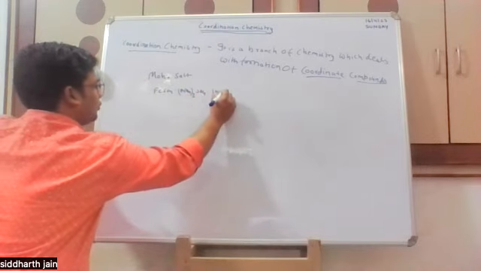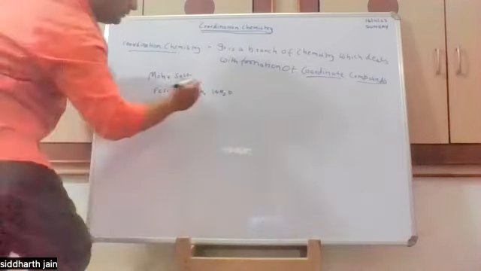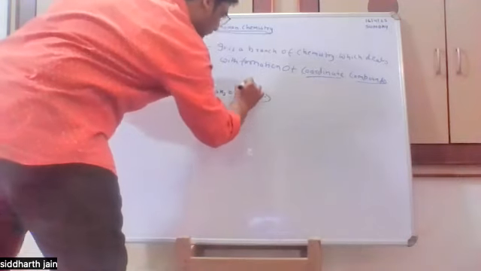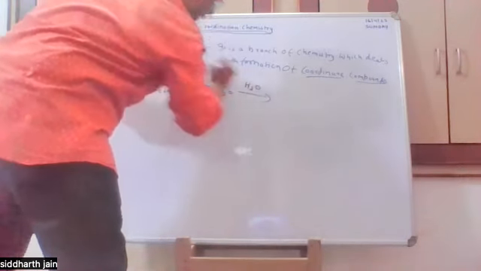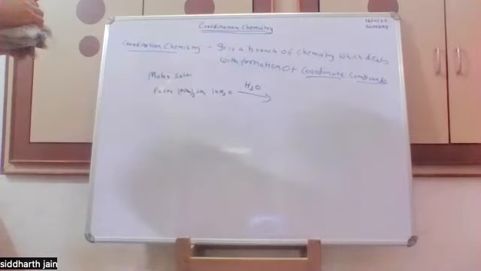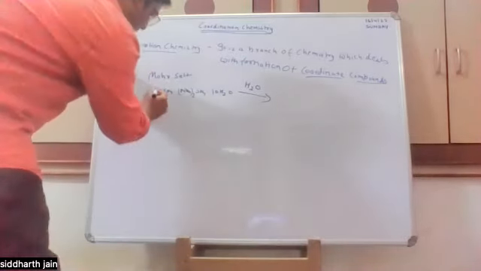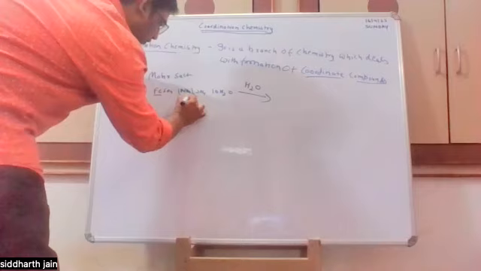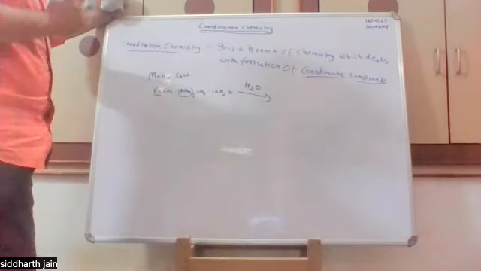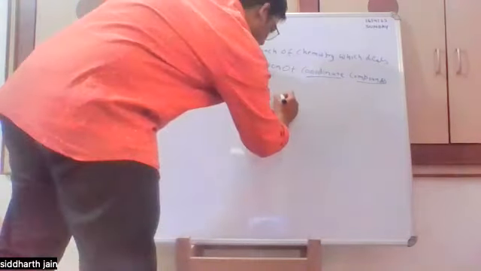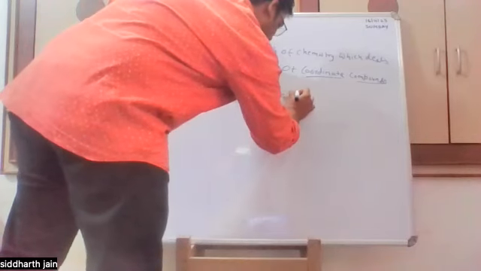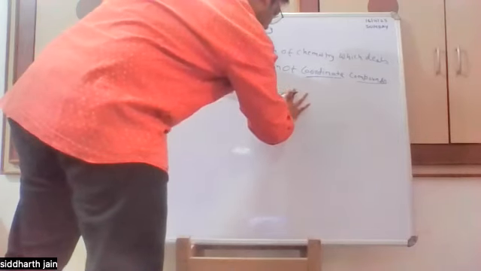Now, if we add water to it, then we can say that the ions of the Mohr salt will dissociate in the water, and it will lead to the formation of Fe2+.